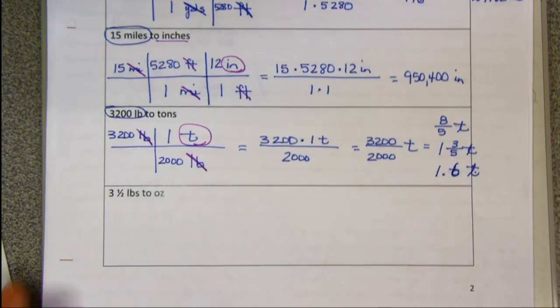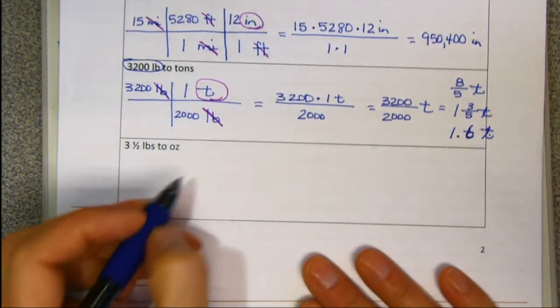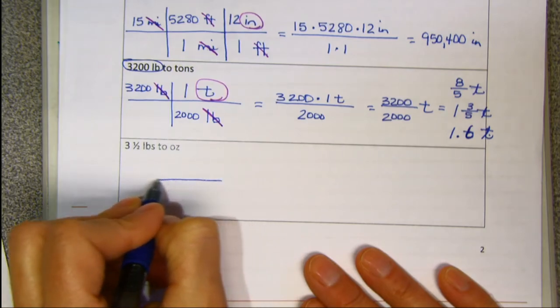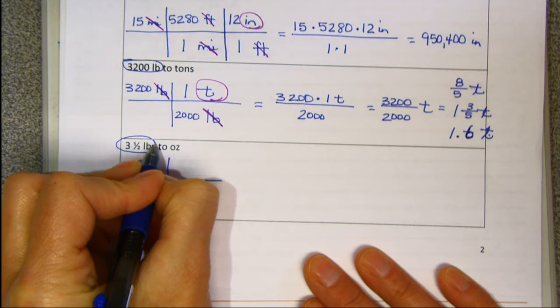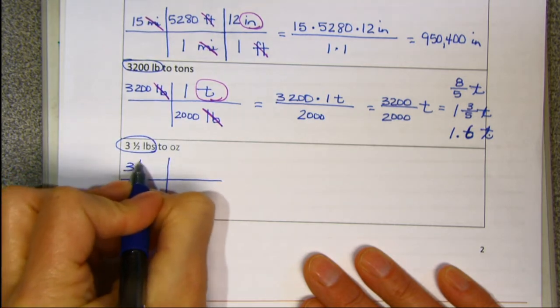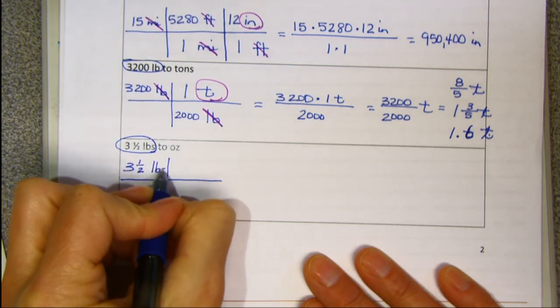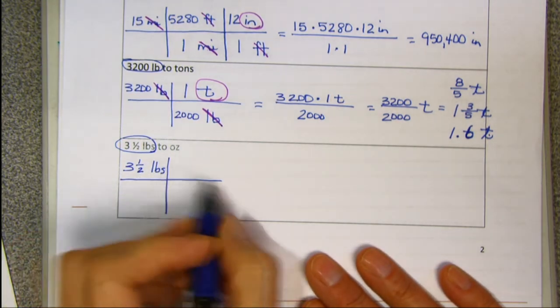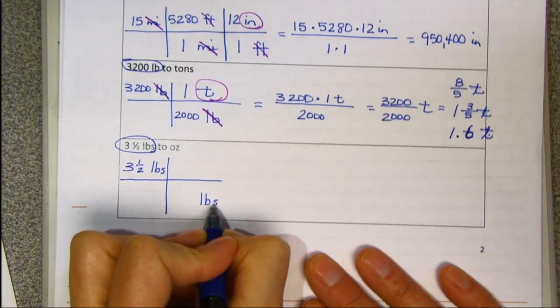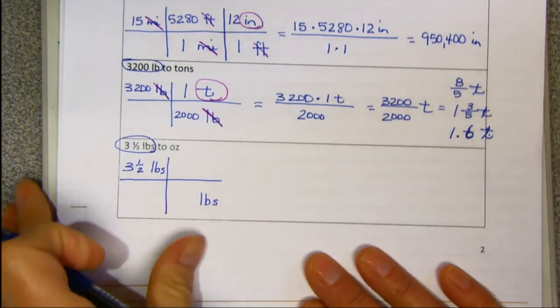All right, so we're still dealing with weight, those unit conversions, but now we start with pounds, 3 1/2 pounds. Now don't let this freak you out because we know how to enter a mixed number into our calculator. If pounds is on top, I need pounds on bottom. But now I'm going to ounces.